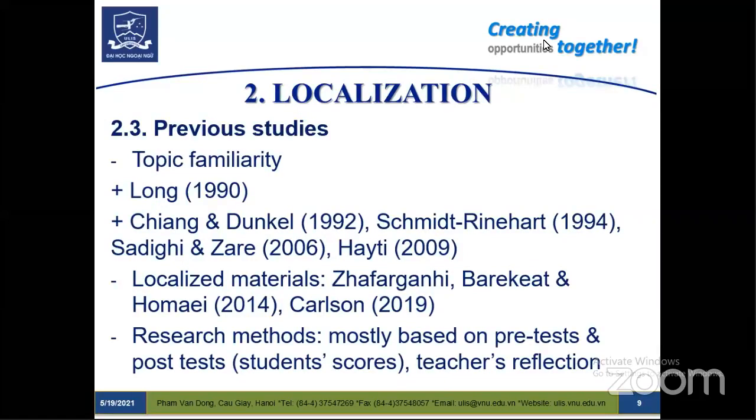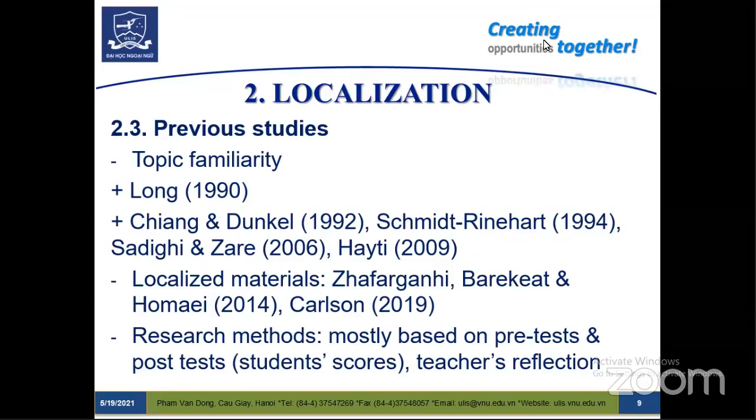And talking about previous studies on localization, we see there are two directions. When we talk about topic familiarity, according to Long in 1990, there was no significant statistical difference in results between familiar and unfamiliar topics.